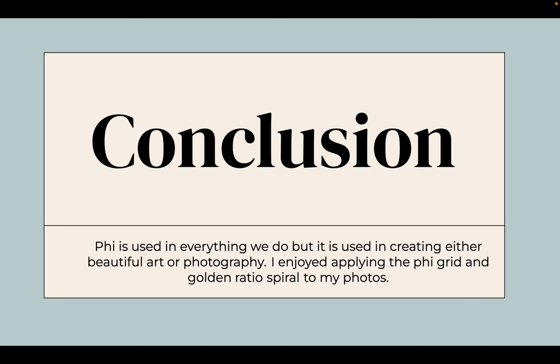But with my artistic eye, I could see how I applied it in the moment, and I could tell when something looked good, and I could apply the spiral on top to see that when I thought it looked good, it also coincides with Phi.